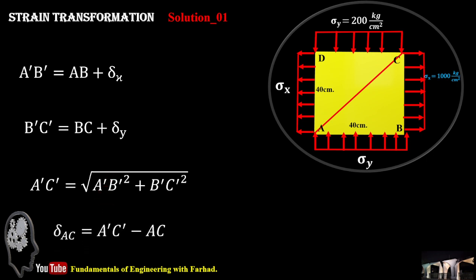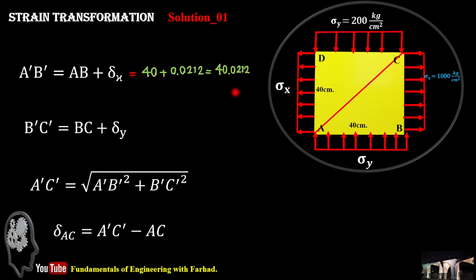Then delta AC, the change in hypotenuse, is A prime C prime minus AC. The deformed one minus the initial one gives us the change in the length of diagonal AC.